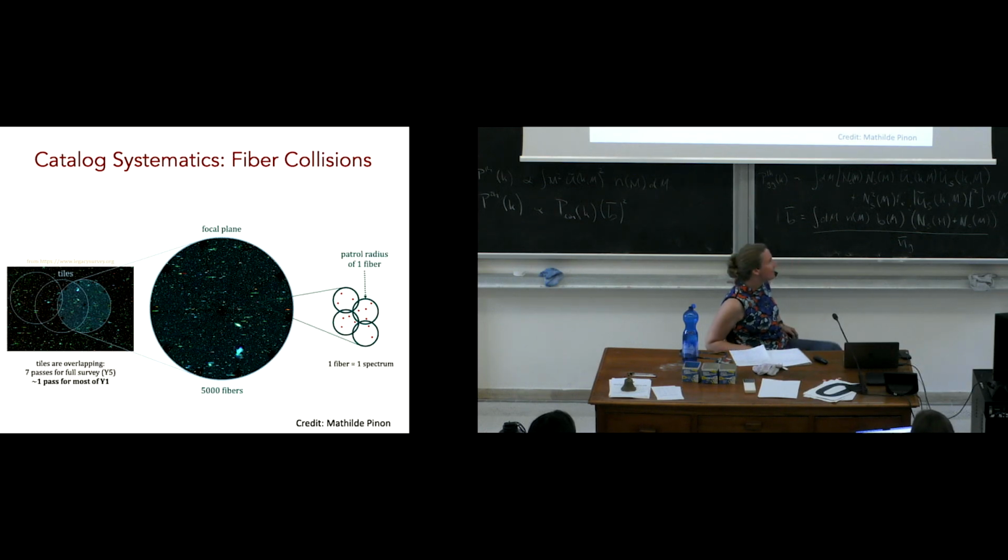So you can see here different tiles of the DESI survey overlaid on imaging data to show you the positions of galaxies. And within each of these tiles, that's the input of one focal plane, there's 5,000 fibers. And that means that within each fiber, in a given observation, we can only observe one galaxy.